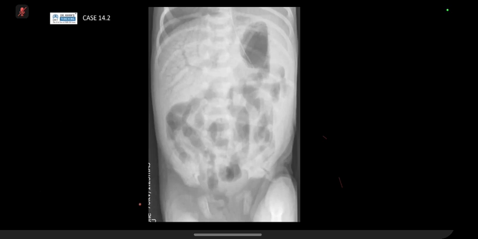So this is a portal venous gas. I don't see any pneumoperitoneum in this study. So this is a case of necrotizing enterocolitis complicated by pneumatosis intestinalis and the portal venous gas. Perfect. This is a surgical emergency.